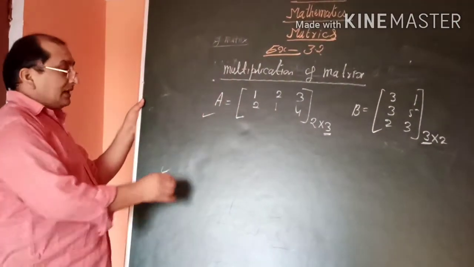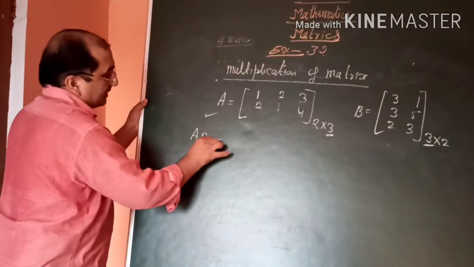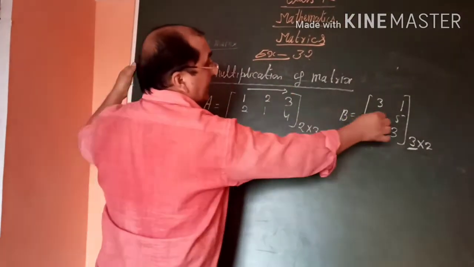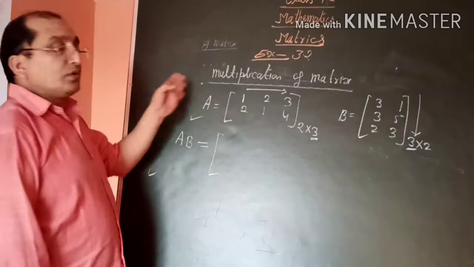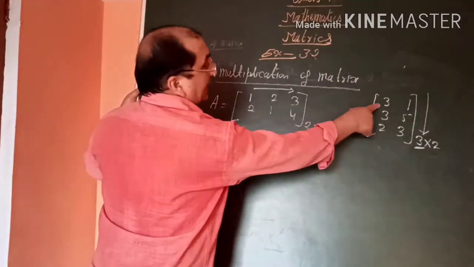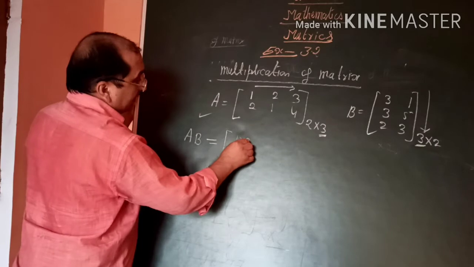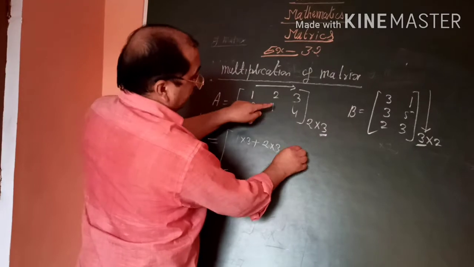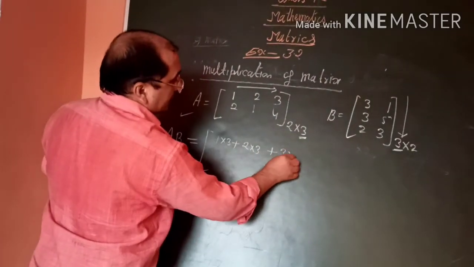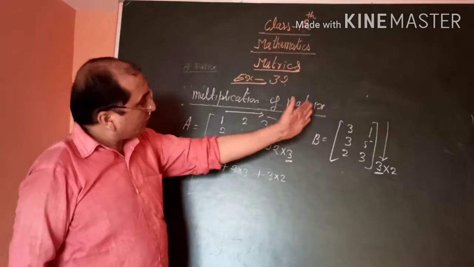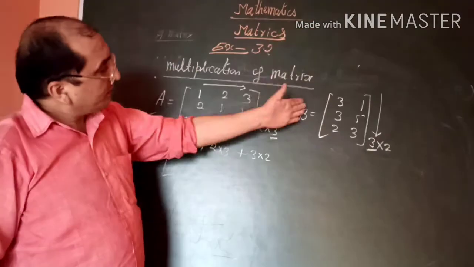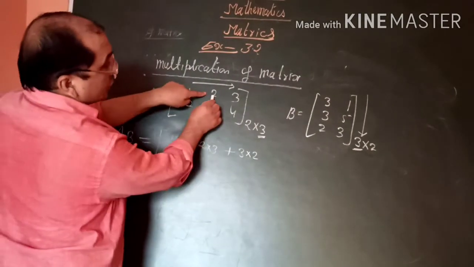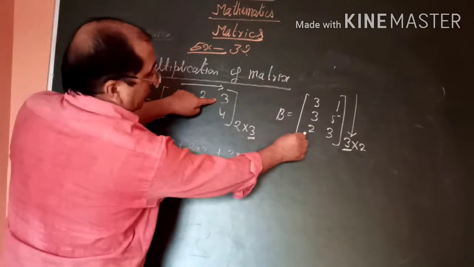Its multiplication is possible, so how will we multiply these? A, B. Now see, this is very important. Row is multiplied by column. The first row will multiply the first column: 1 into 3 plus 2 into 3 plus 3 into 2.